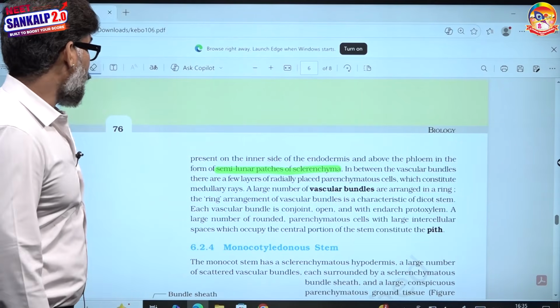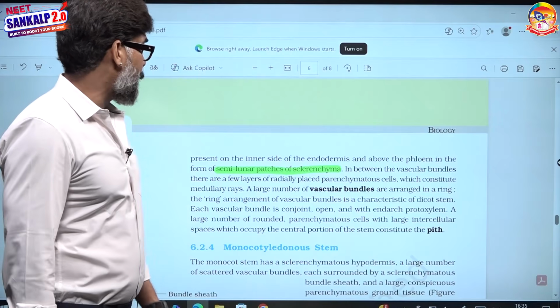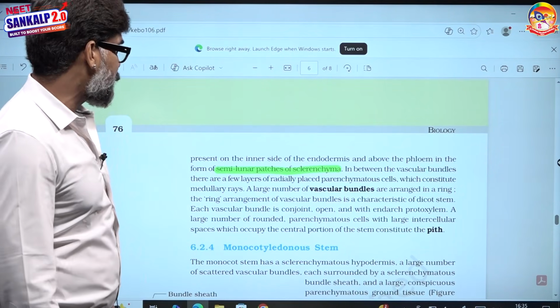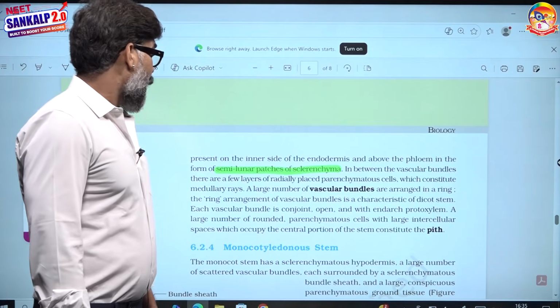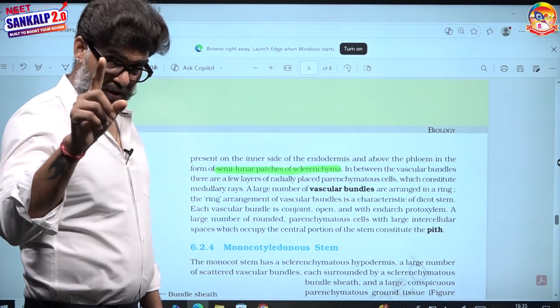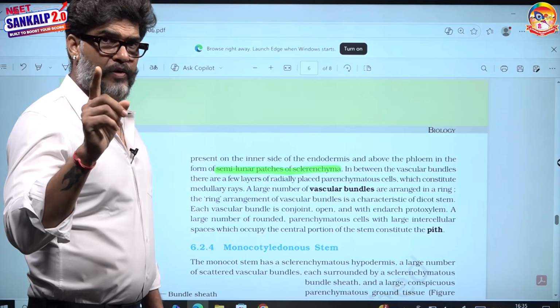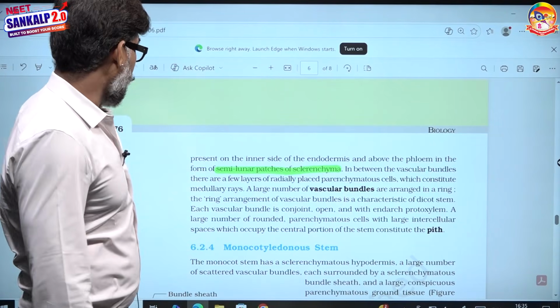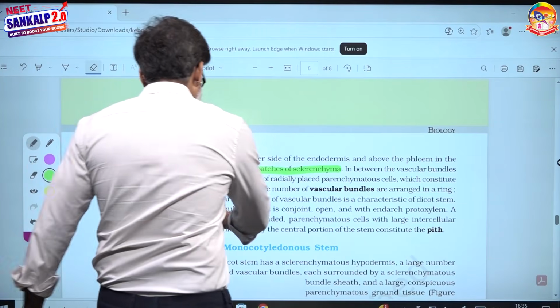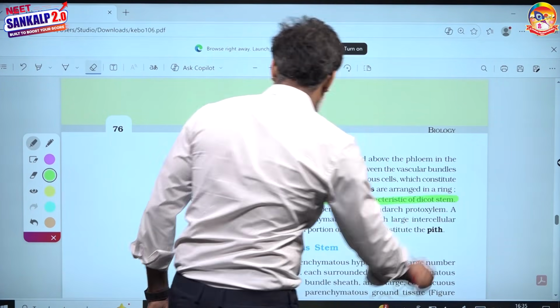In between vascular bundles there are a few layers of radially placed parenchymatous cells that we call medullary rays. A large number of vascular bundles are present and they remain arranged in a ring. The ring arrangement of the vascular bundles is characteristic of the dicot stem.